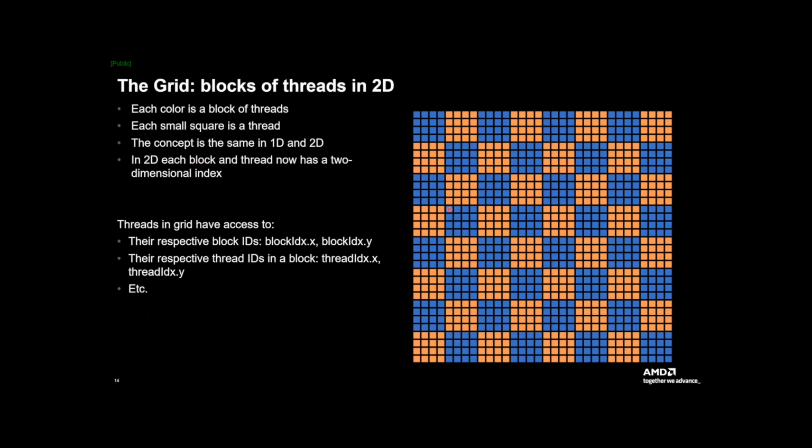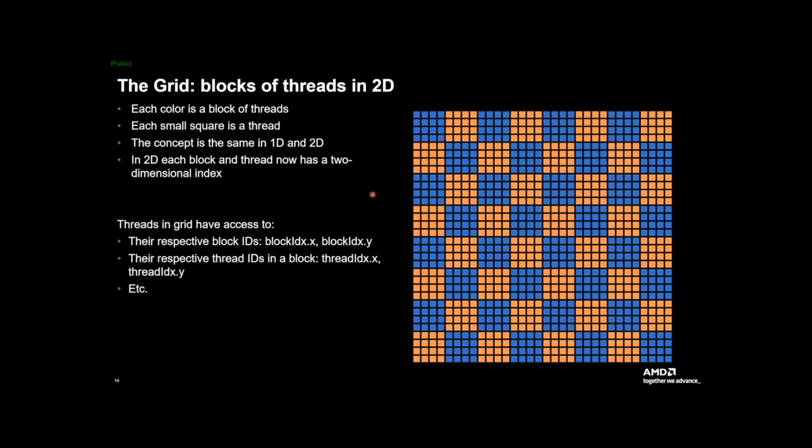With 2D, each color is a block of threads, okay? The small square, with the cursor, if you can see, is a thread. The concept is the same in 1D and 2D. In 2D, each block and thread now has a 2-dimensional index, right?